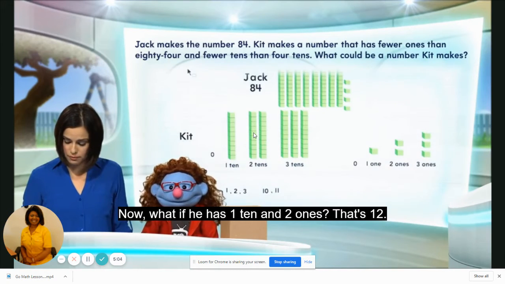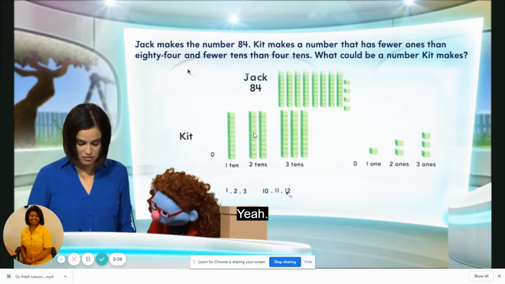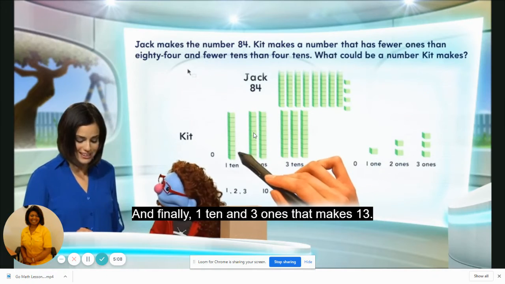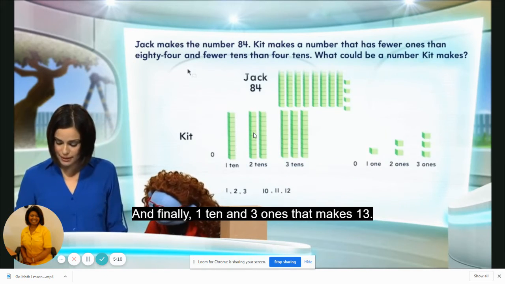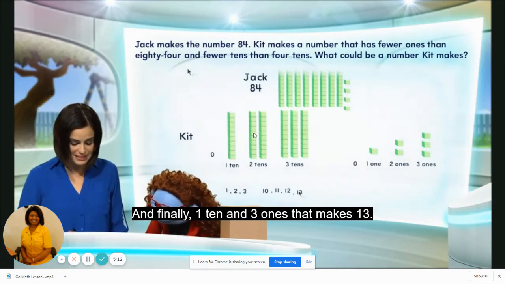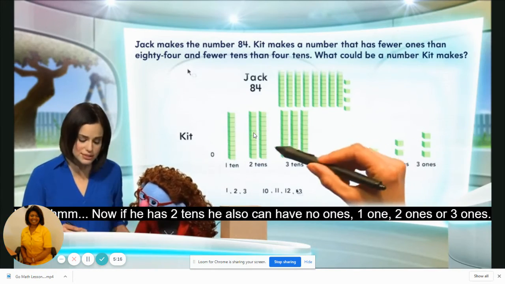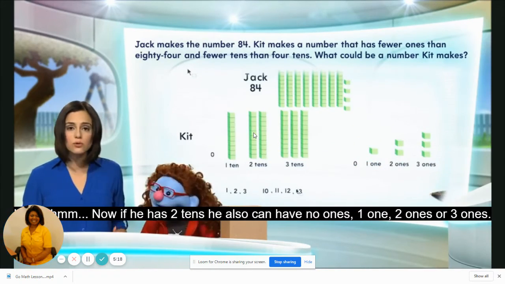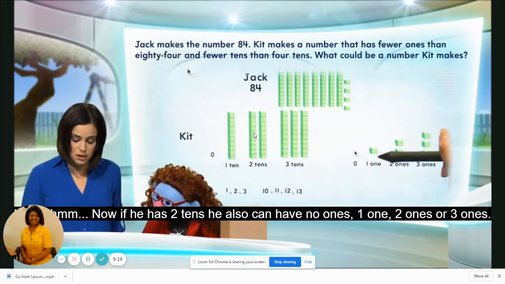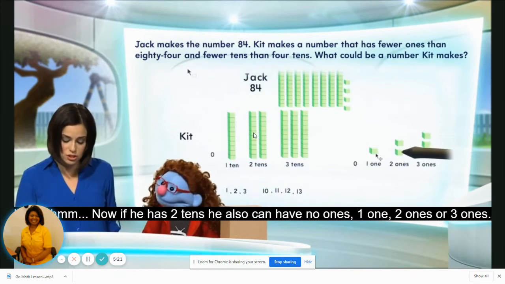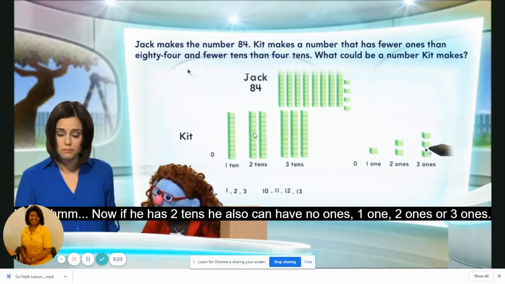That's 12. And finally, 1 ten and 3 ones, that makes 13. Now, if he has 2 tens, he also can have no ones, 1 one, 2 ones, or 3 ones.